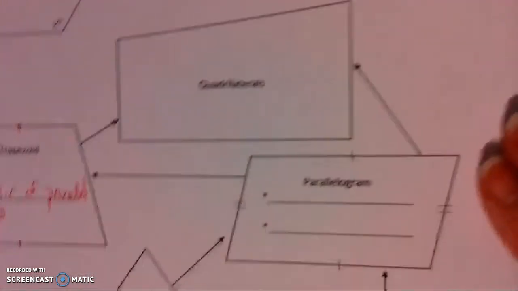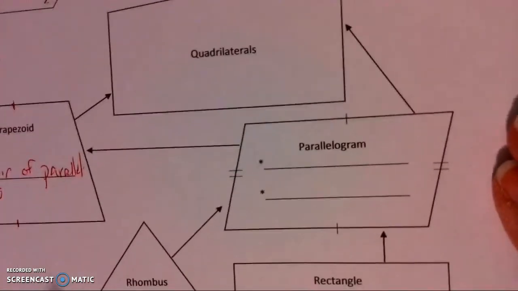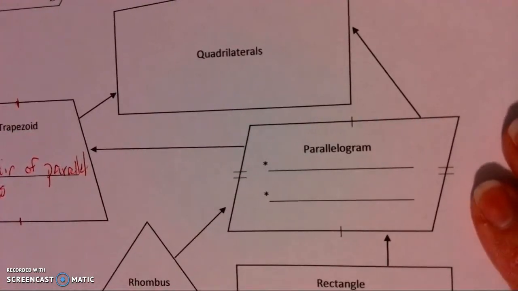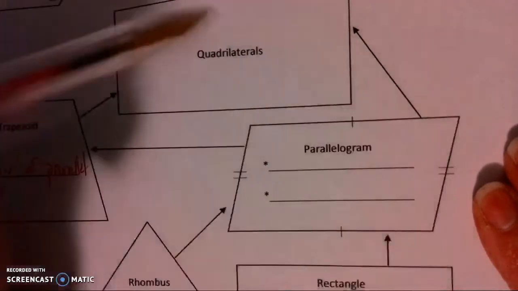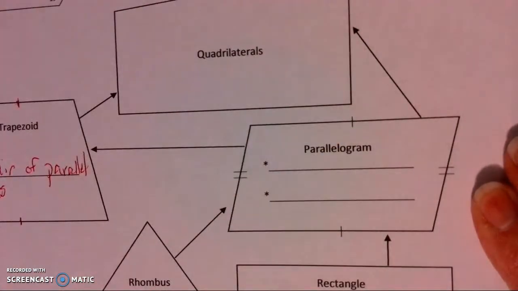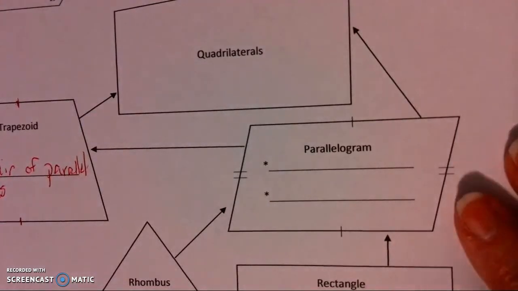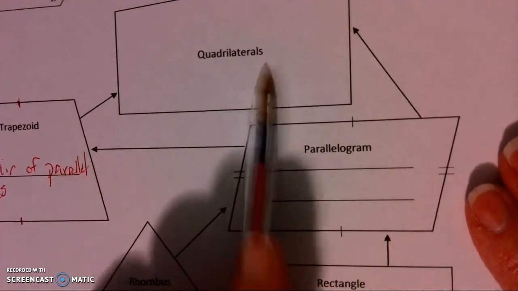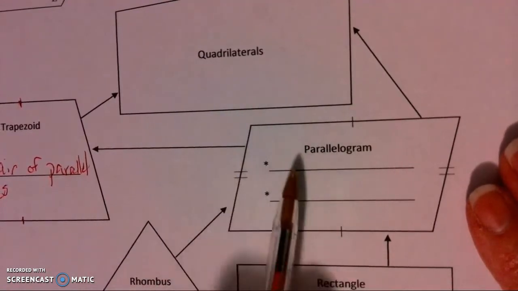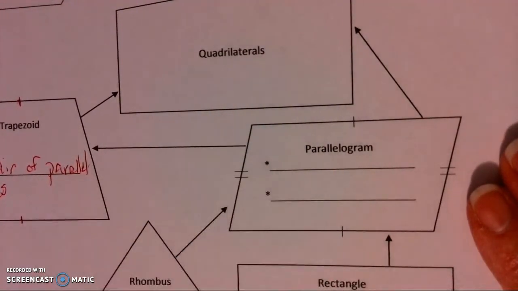Now, if I look at the next classification, I'm going to look at a quadrilateral, but this time I have opposite sides that are parallel. And not only are those opposite sides parallel, they're also equal. They're congruent. So a parallelogram is a quadrilateral because it has 4 sides and 4 angles, but it's also a trapezoid because it has at least 1 pair of parallel lines.